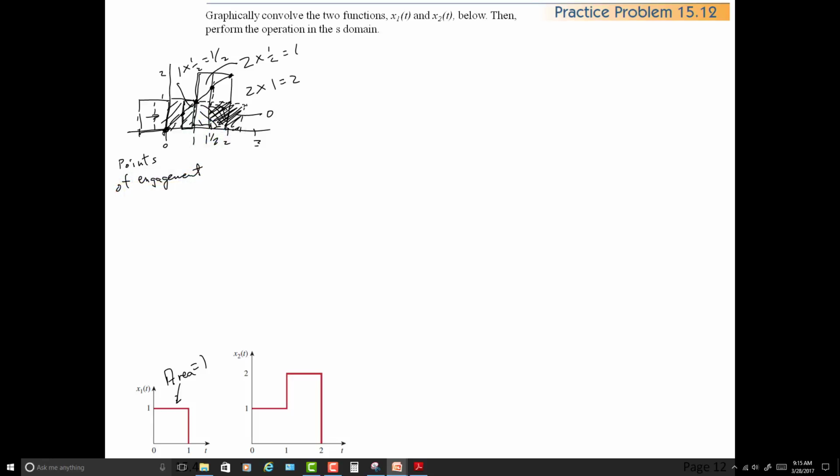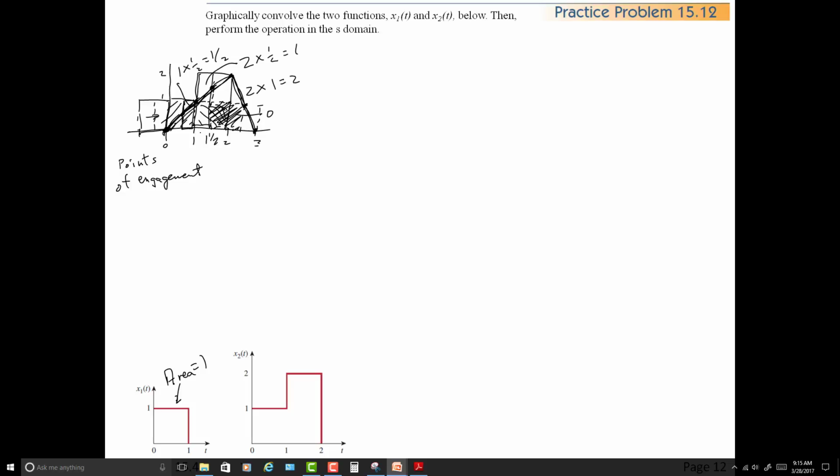And at the last point, where's it going to be? If this keeps going out, I'll be out here, and I will have no engagement, so my final point will be down here. In other words, I'll be dropping twice as fast. So there's the curve done from graphical convolution.